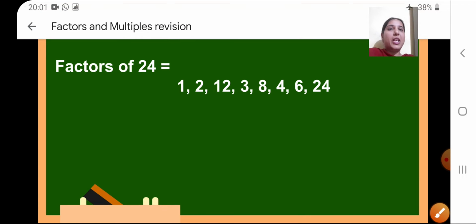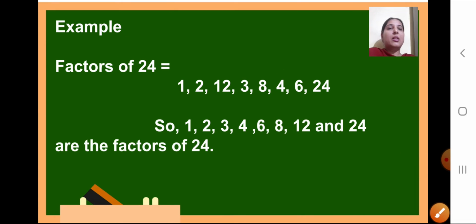If you arrange them, 1, 2, 3, 4, 6, 8, 12 and 24 are the factors of 24.